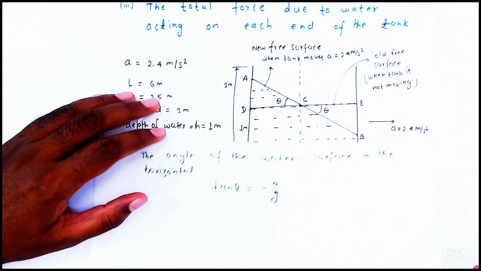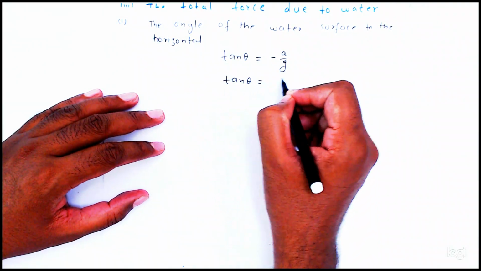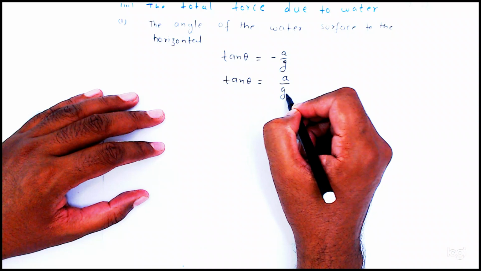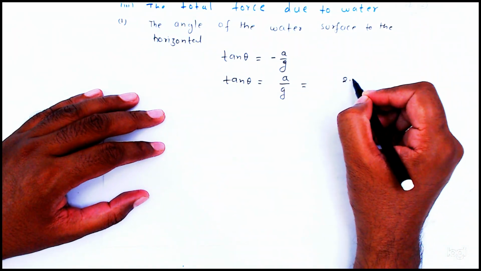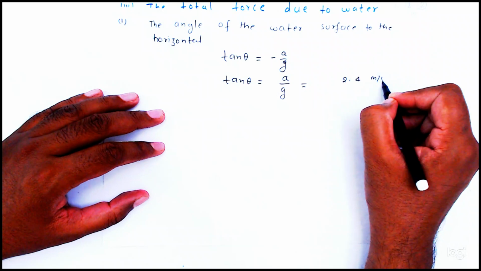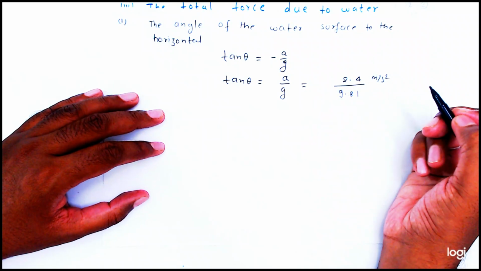So we will take the magnitude value. So tan theta equal to a by g, and the a value is given as 2.4 meter per second square and g value is equal to 9.81.